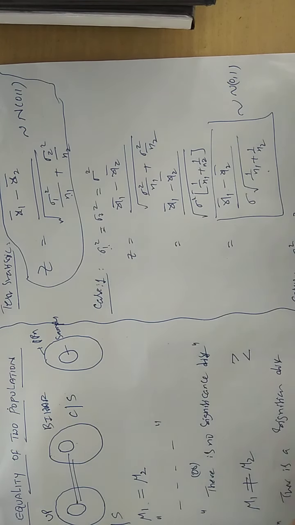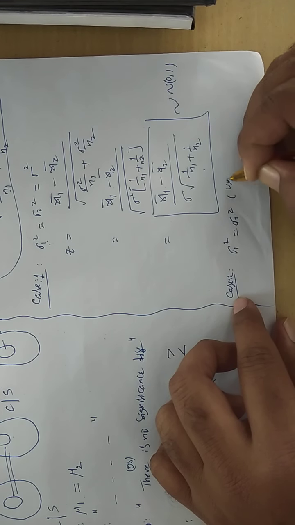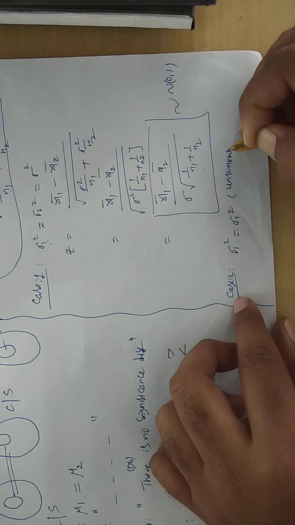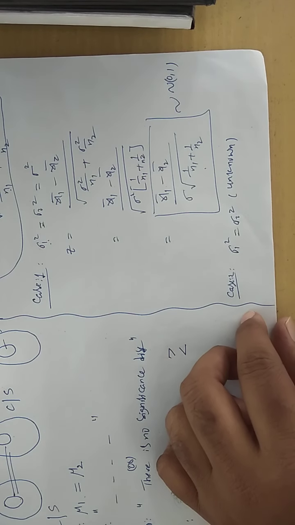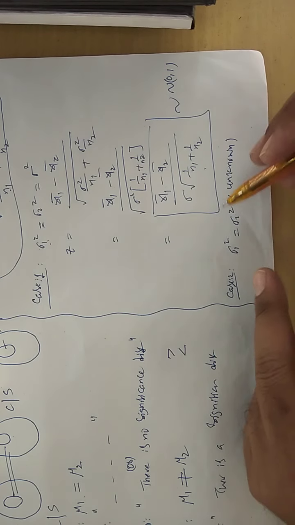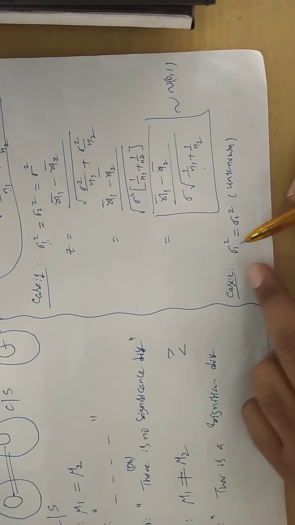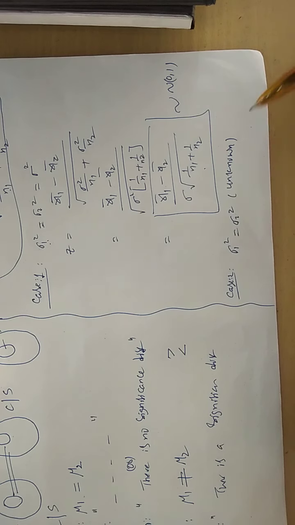That means both the populations have the same variance, but both are unknown. That information will not be provided in the problem. Then whenever the population variance is unknown, we consider the corresponding sample information, which is the sample variance.